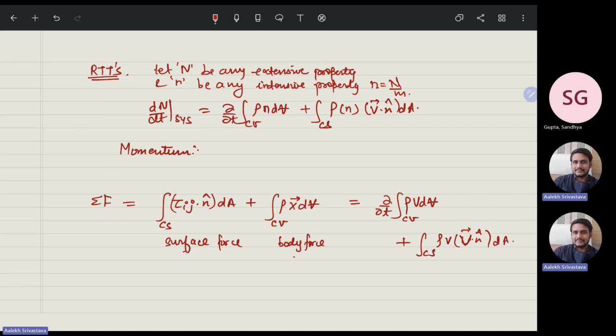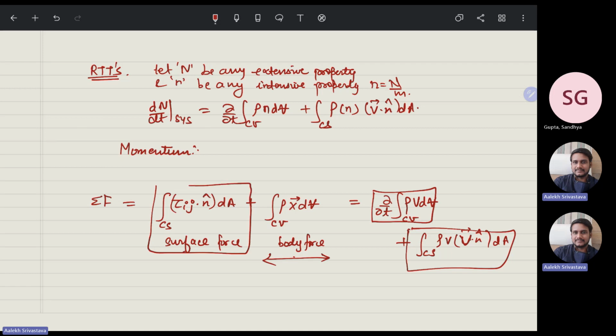So this is the temporal term and this is the convective term. And on the left hand side, if you see the Euler equation, the body force term was already there, but another term has come, that is the surface force, and the surface force is related to shear stress.